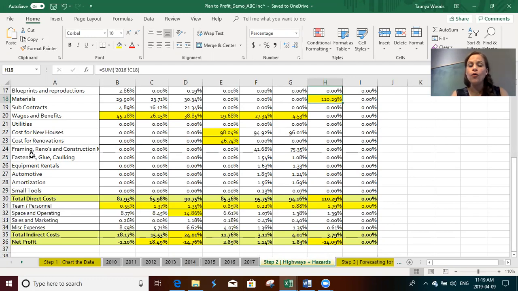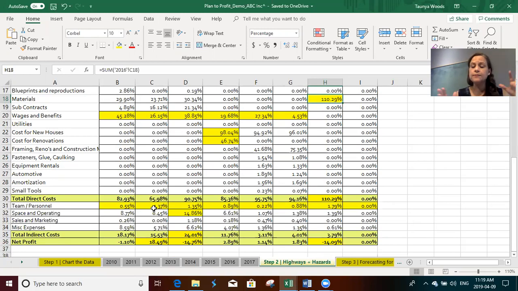And under wages and benefits, this is where they have put their wage and benefit. They had put it as a cost of goods sold. Now, that's not necessarily a bad thing. What is interesting, though, is that when we add up wages and benefits of 26.15 plus this one, we're looking at approximately 28% of revenue associated to wages and benefits.